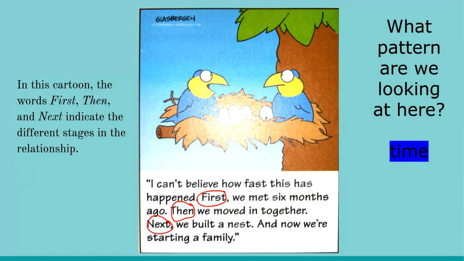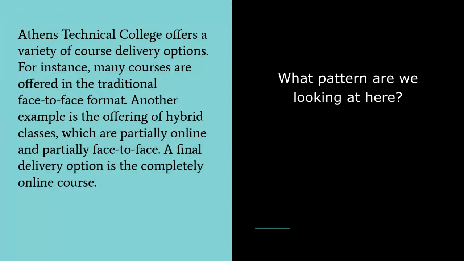All right, so let's look at some actual passages here. Athens Technical College offers a variety of course delivery options. For instance, many courses are offered in the traditional face-to-face format, don't we wish? Another example is the offering of hybrid classes, which are partially online and partially face-to-face. A final delivery option is the completely online course.